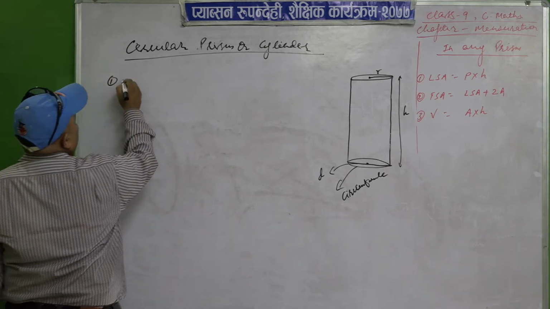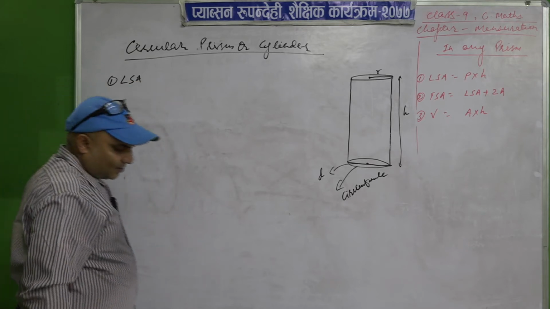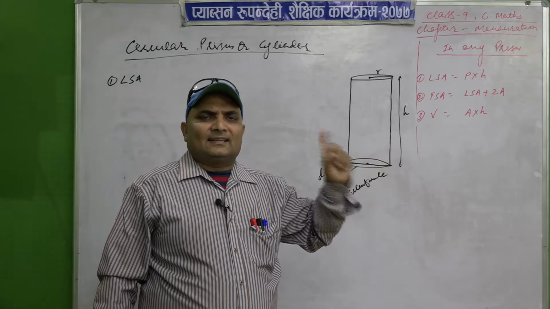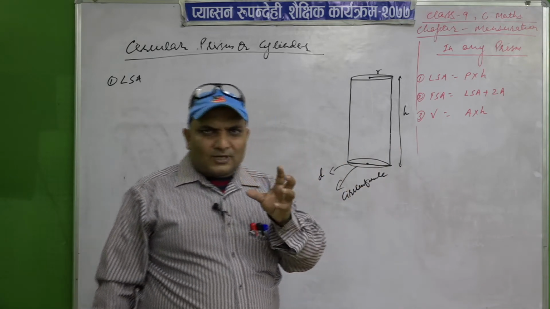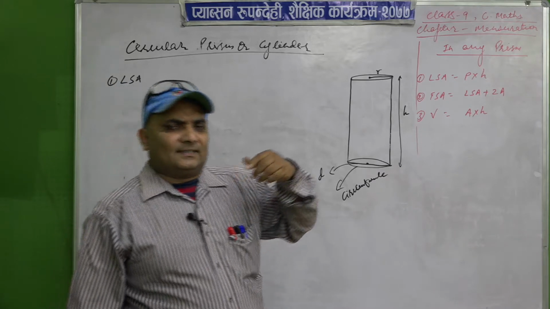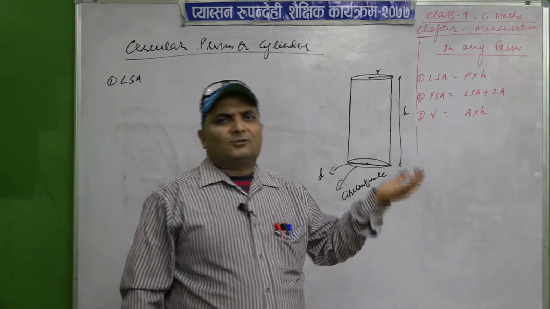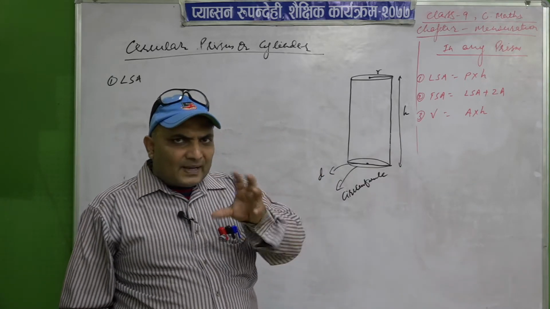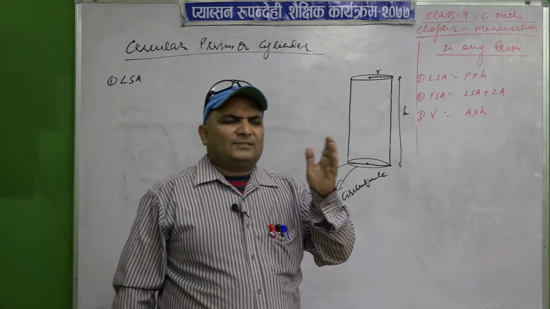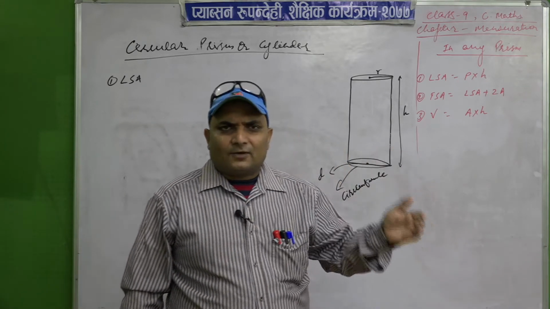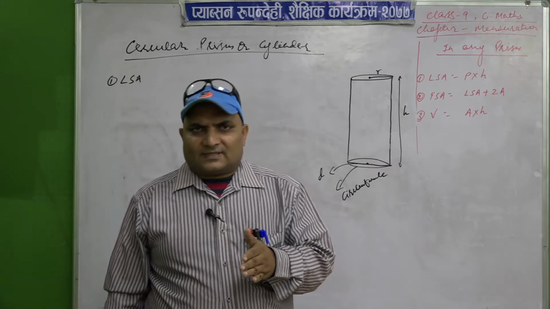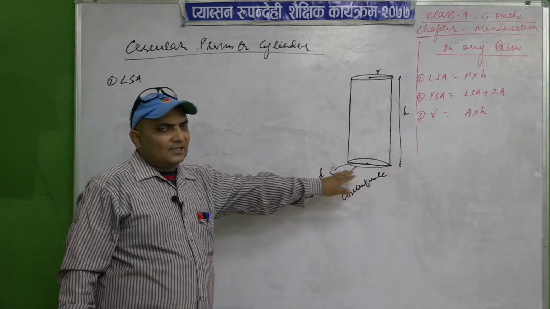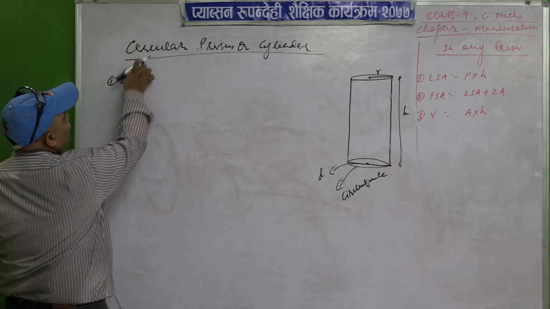So first LSA. Yesterday or the day before yesterday I told you that in the case of a circular base we do not say lateral surface area. When the base is circular, then we say curved surface area, either in a cylinder, sphere, cone, or pyramid. So in a circular base we generally use curved surface area.